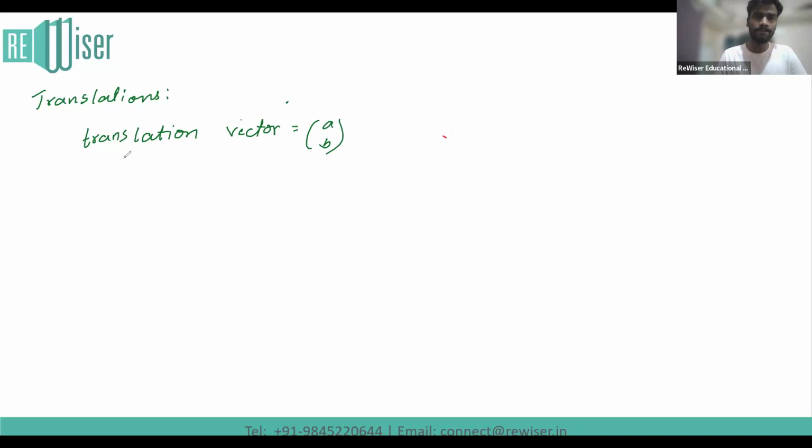If I have the translation vector AB, A would represent the horizontal translation and B would represent the vertical translation.